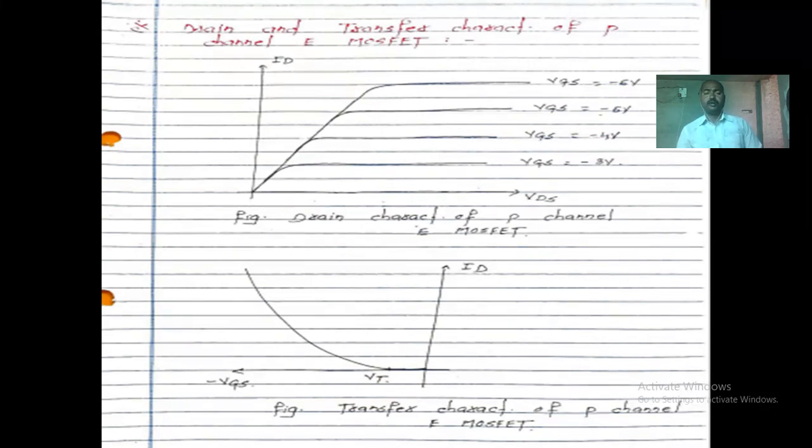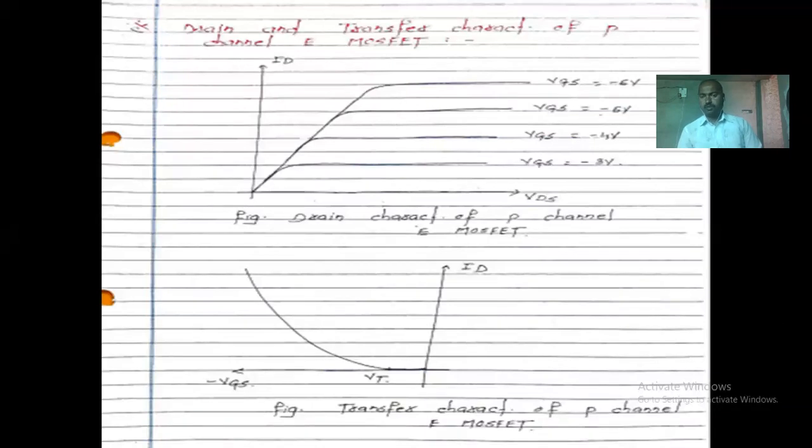For the drain characteristic of the P channel E MOSFET, we plot the drain current versus VDS. In this case, the value of VGS should be negative, right?